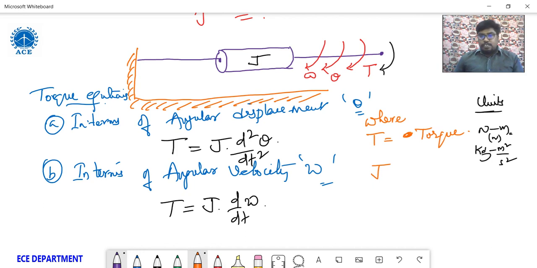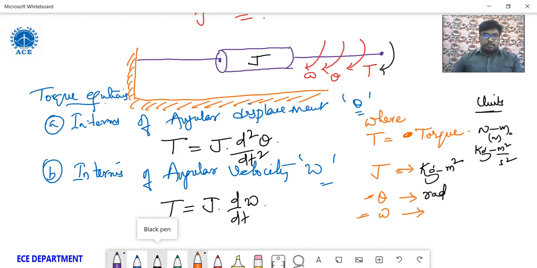Then inertia element. What are the units? Units are kg meter square. Next is displacement. What are the units of displacement? Radians. And angular velocity, which is d by dt of angular displacement, is radians per second.